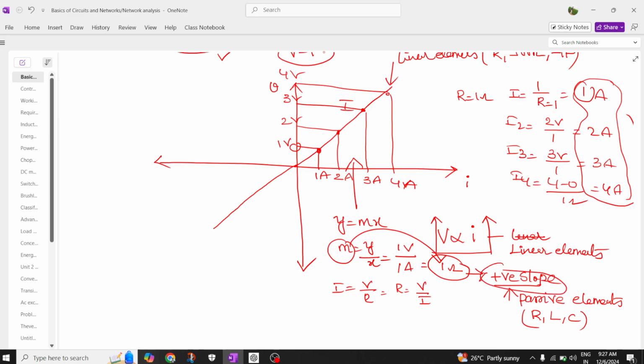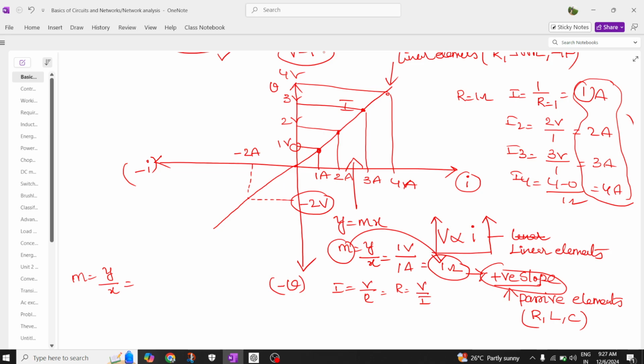And you can see here, here you have positive current, here you are going to have negative current, and here you are going to have negative voltage. So now when you plot a value here, you have minus 2 amperes with a voltage of minus 2 volts. Let's try to find the slope here. Slope m is equal to y by x.